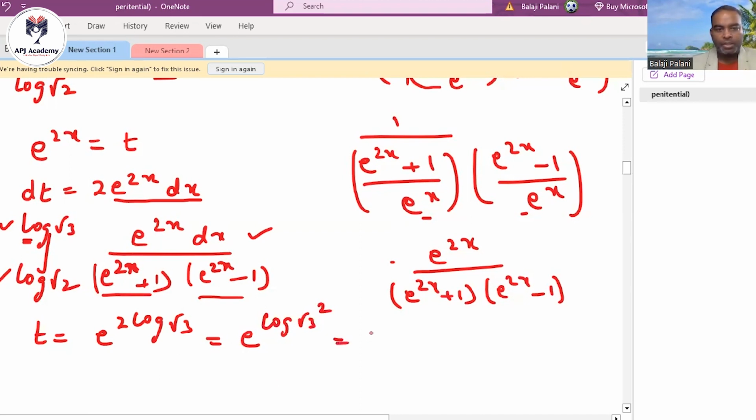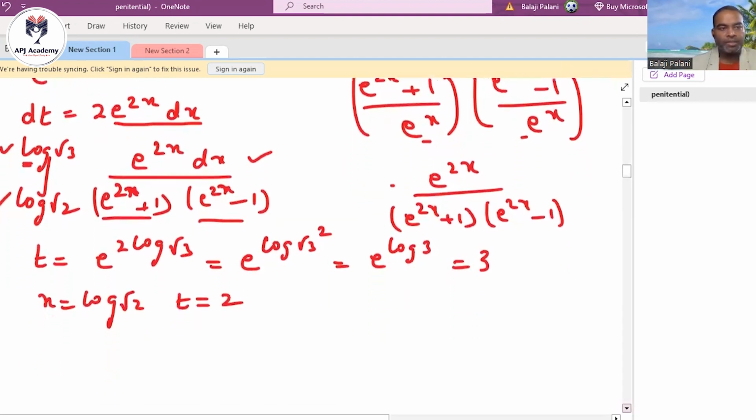So this is e power log 3, root 3 whole square is 3. And another log function, e power log x is x, so this becomes 3. Similarly, நம்ம lower interval substitute பண்ணோம்னா, when x is equal to log root 2, t becomes 2. So interval என்ன ஆக போகுது? 2 to 3 shift ஆயிடுச்சு.